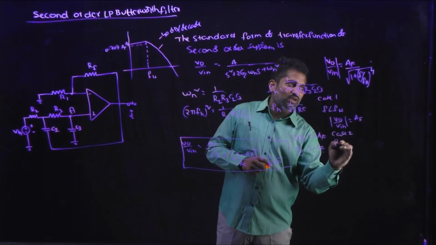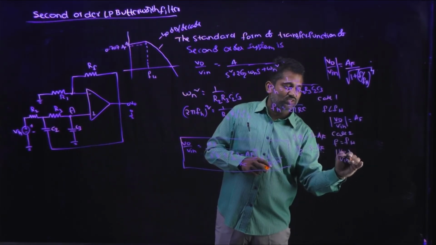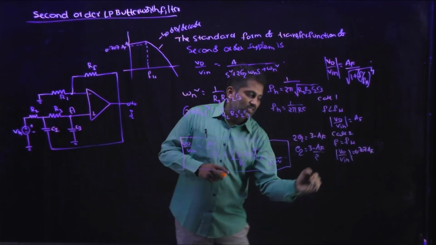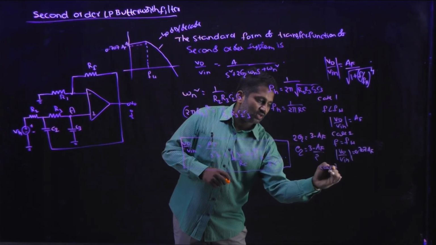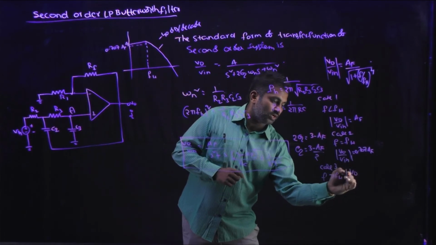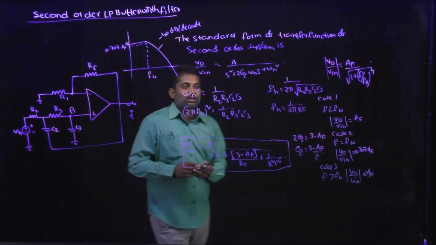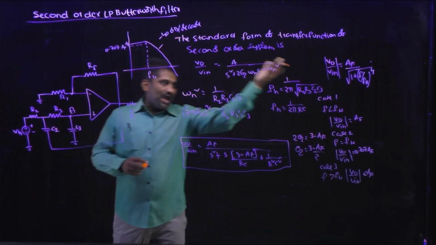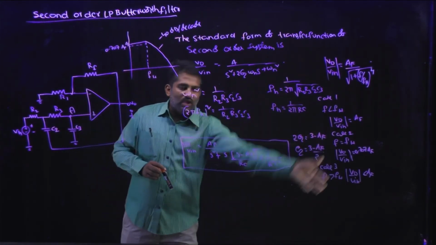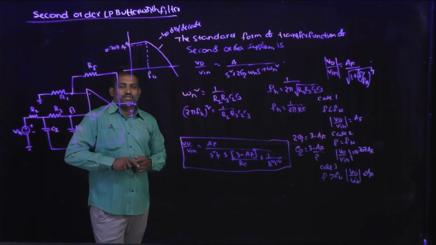Case 2 is when F is equal to FH, then modulus of V0 by Vin is equal to 0.707 into AF. And last but not the least is case 3, when F is greater than FH, then modulus of V0 by Vin is less than AF. These are the values we will get for the different frequencies. From these values we can draw the frequency response of the second order low pass Butterworth filter.